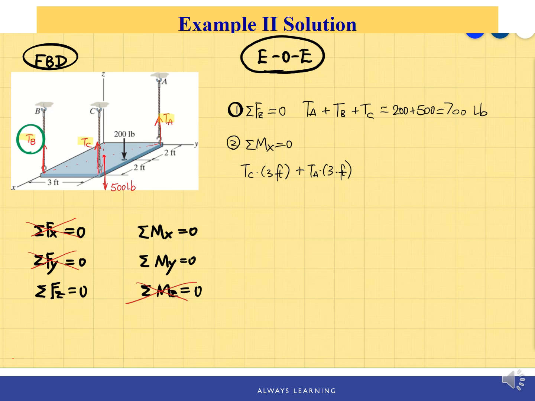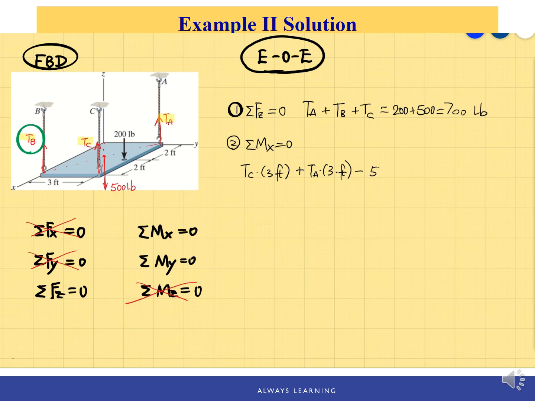And the two given forces, because those two forces are in the opposite direction as TC and TA, they will create a negative rotational effect. It's the opposite rotation as TA and TC. So it's negative.